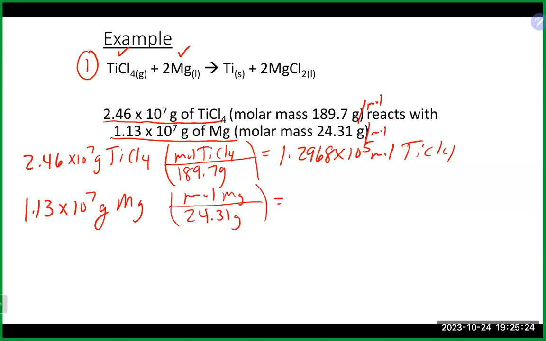That gives us 1.13 times 10 to the 7 divided by 24.31, which is going to give us 4.6483 times 10 to the 5th moles of magnesium. Any questions so far here?